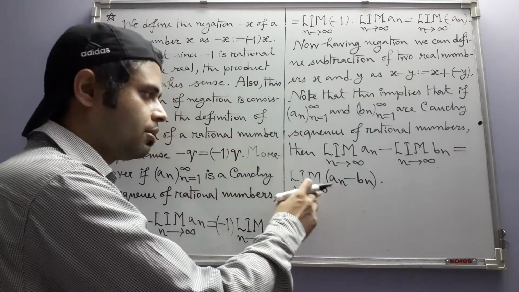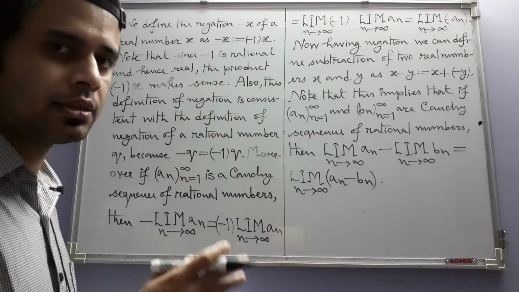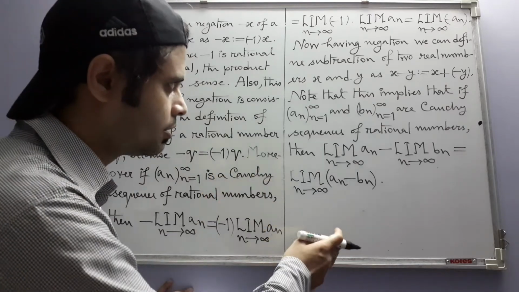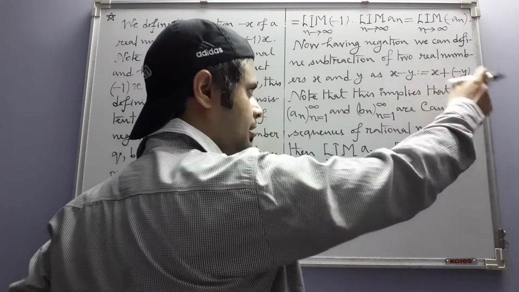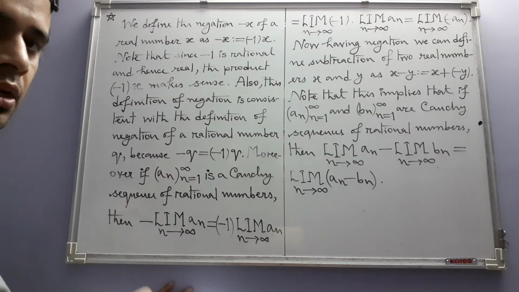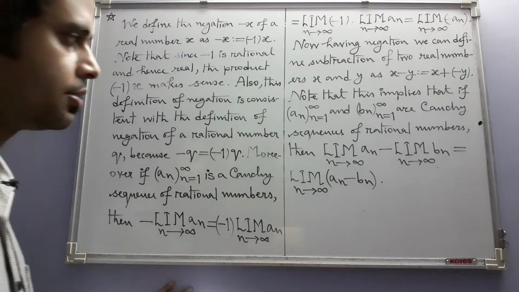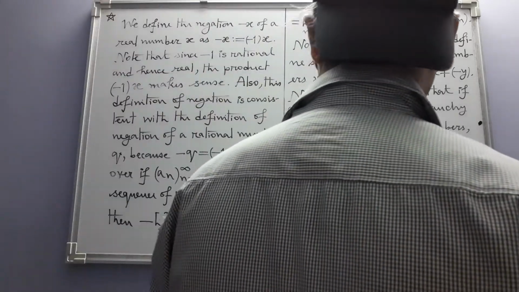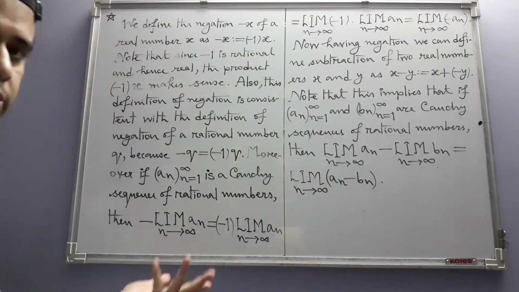And because we have already verified the substitution axiom for addition, using which and negation we are defining subtraction, for subtraction in general the substitution axiom is satisfied, and these operations are hence well defined.